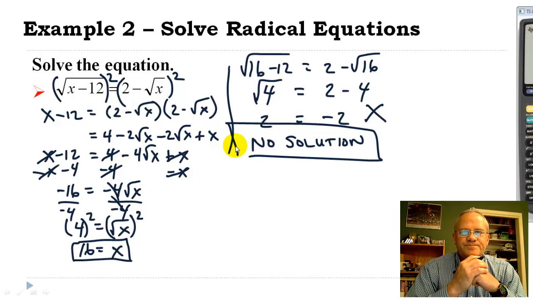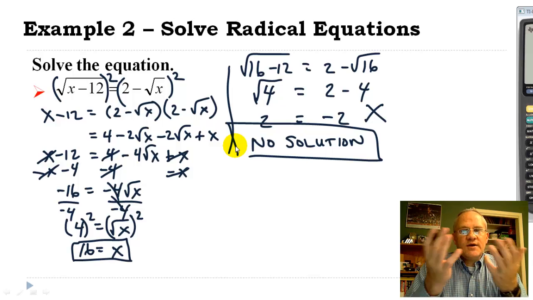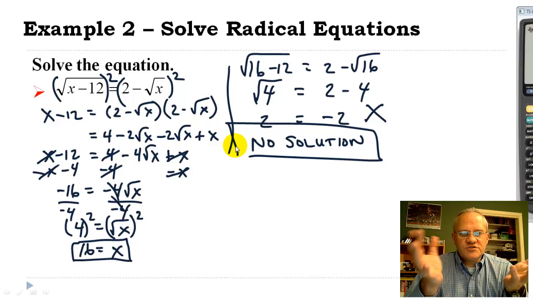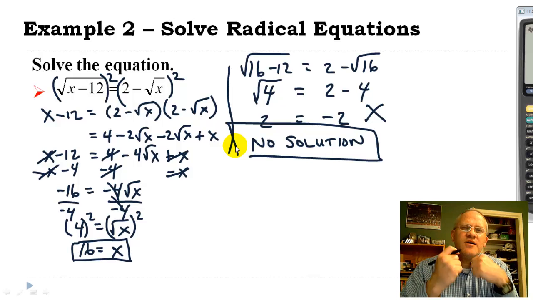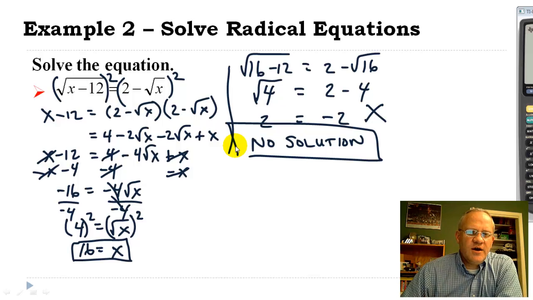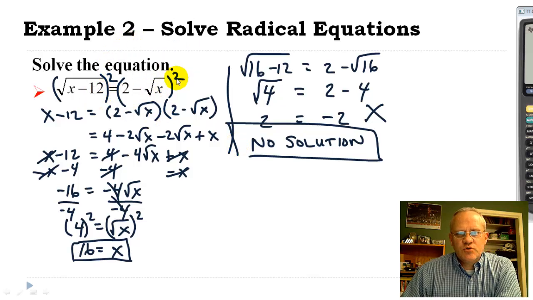So no solution. Okay? So unfortunately, sometimes that's going to happen. Don't feel like you've wasted your time. You have successfully found that there is no solution. But keep that in mind, though. If you have a couple of square roots in there, you might have to square a couple of different times to get rid of those totally, and that's okay.